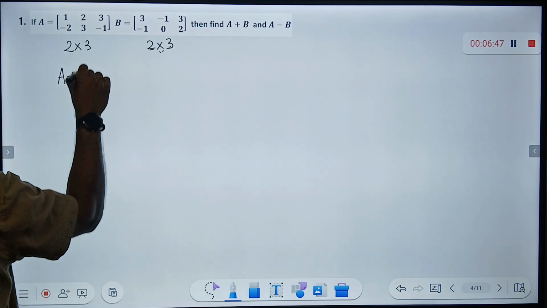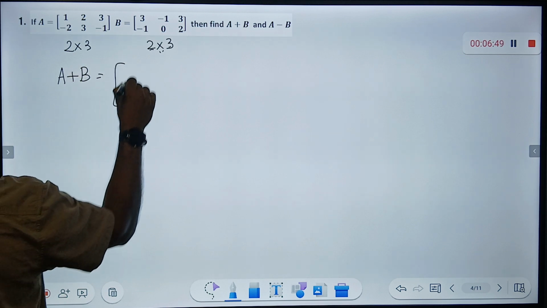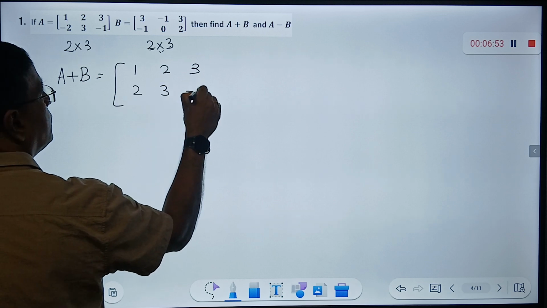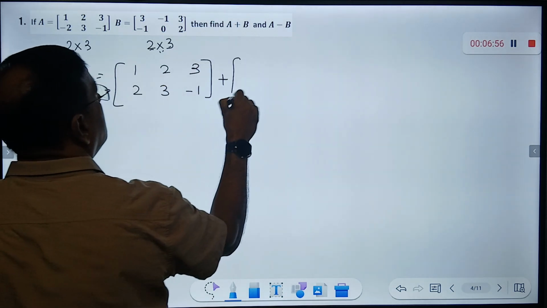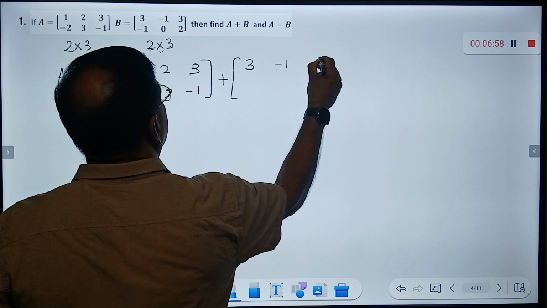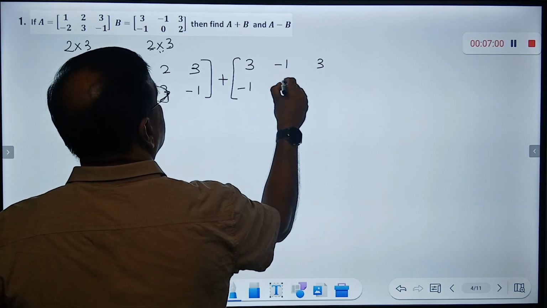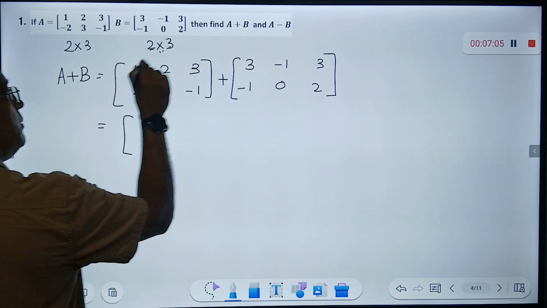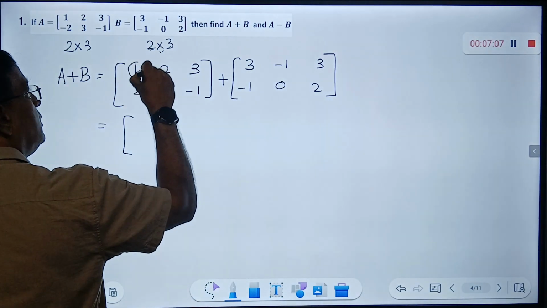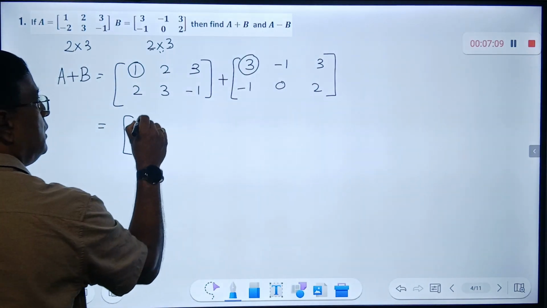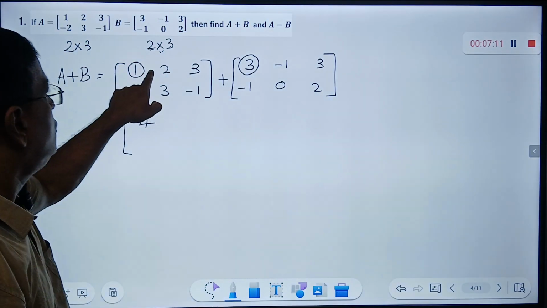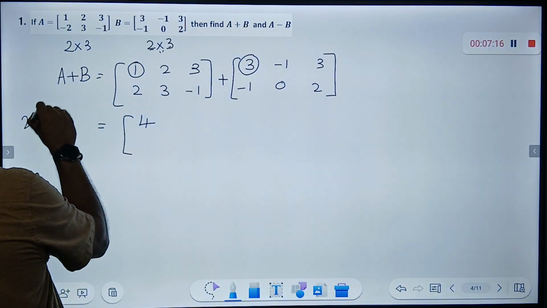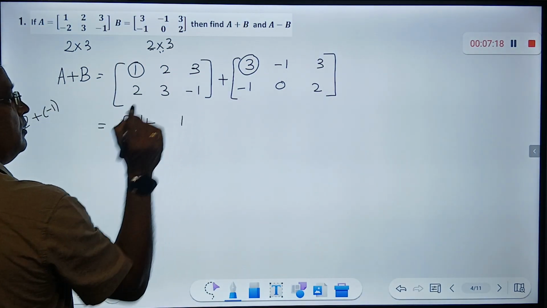A plus B. So what is A? 1, 2, 3, 2, 3, minus 1, plus B, which is 3, minus 1, 3, minus 1, 0, 2. If I add, what do I get? 1 plus 3, what is 1 plus 3? 4. 2 plus minus 1 will be 1.